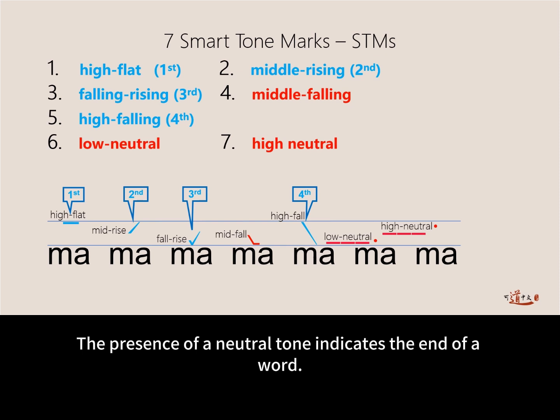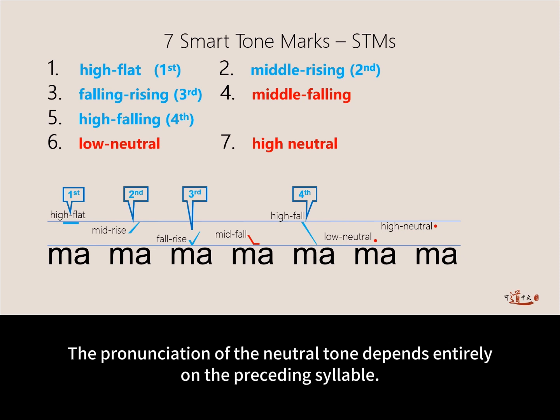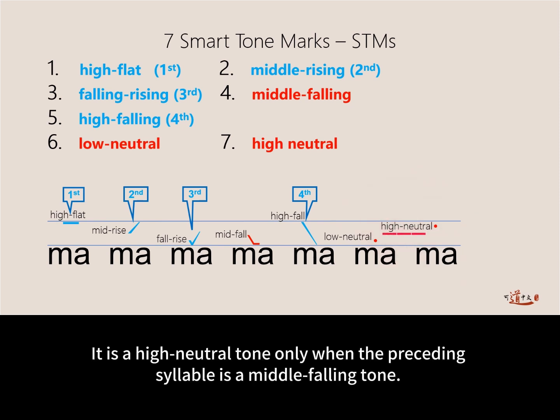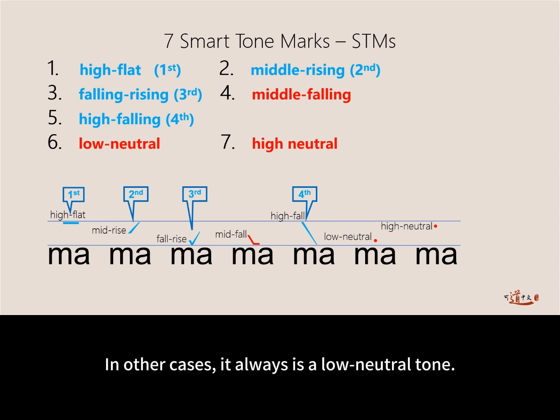The presence of a neutral tone indicates the end of a word. The pronunciation of the neutral tone depends entirely on the preceding syllable. It's a high neutral tone only when the preceding syllable is a middle falling tone. In other cases, it's always a low neutral tone.